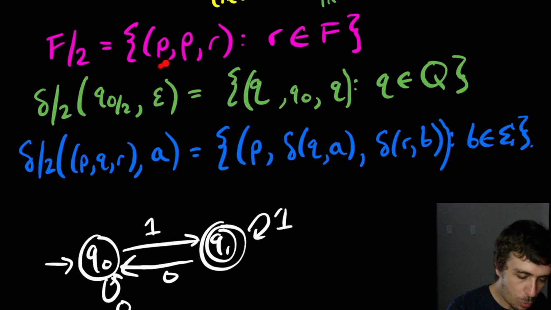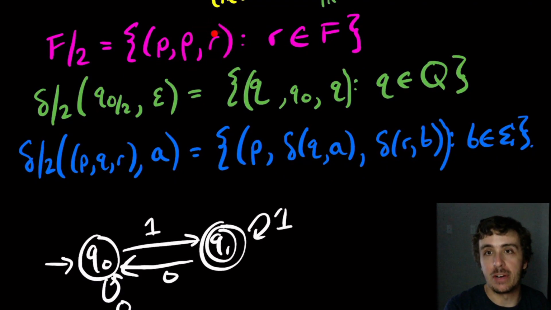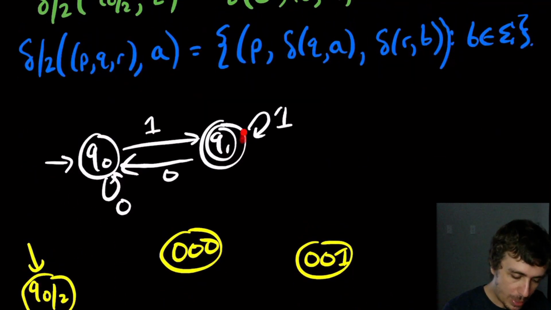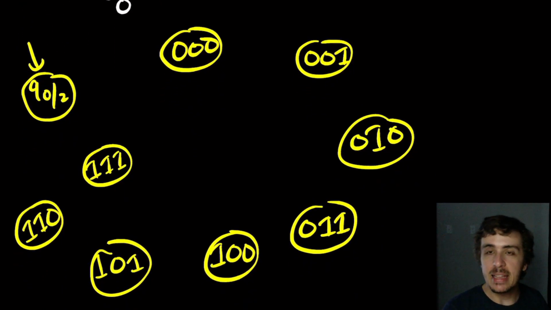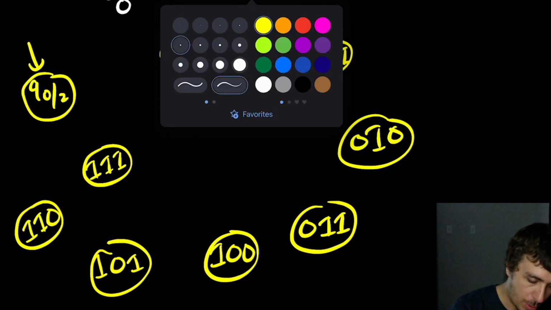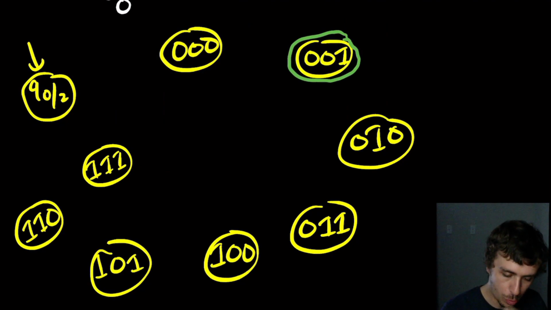Okay, so now let's do the final states because that's the next thing on the list. It's all of the ones which have identical first 2 coordinates, and the second one is a final state in the original thing. So the one that was final state originally was a 1. So any state name that ends in a 1 and has identical first two coordinates, I'm going to make final. So this guy is going to be final because it ends in a 1 and has identical first two coordinates.